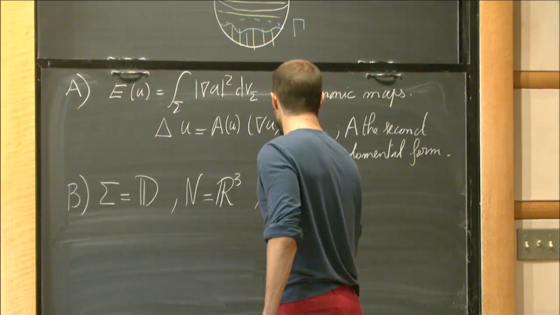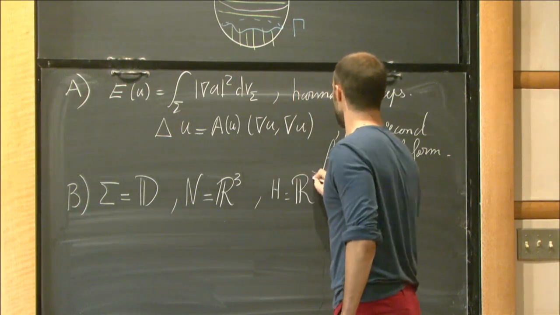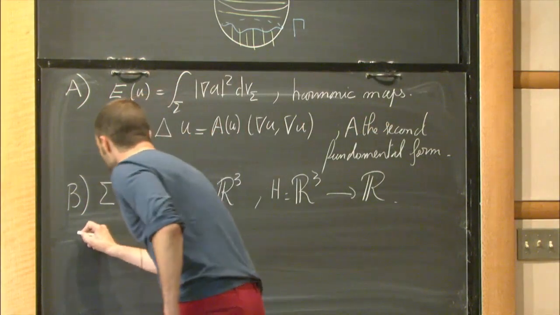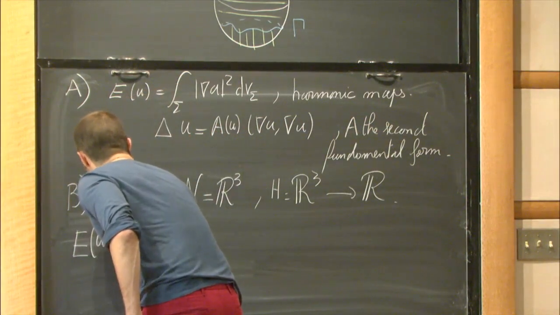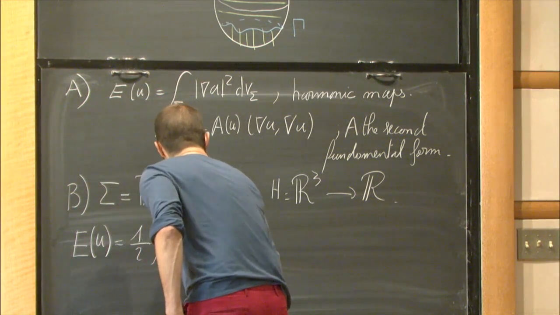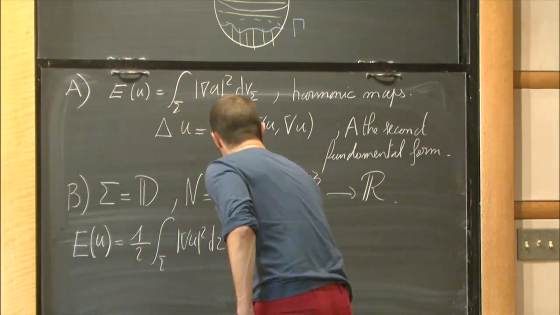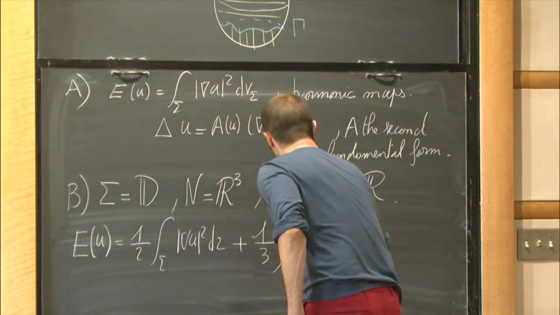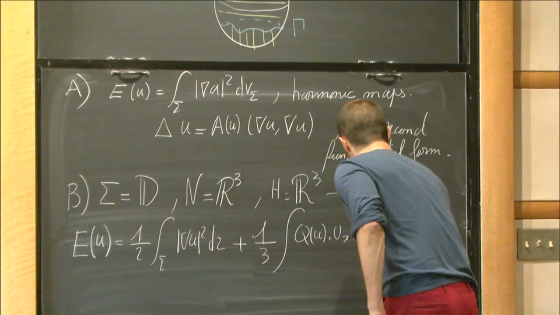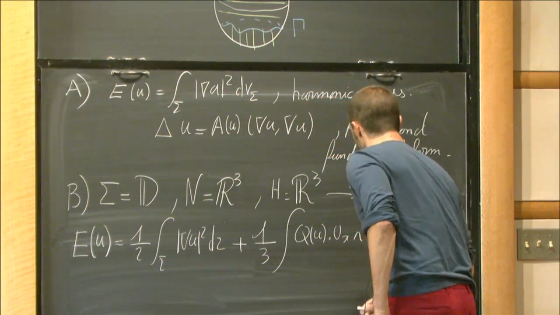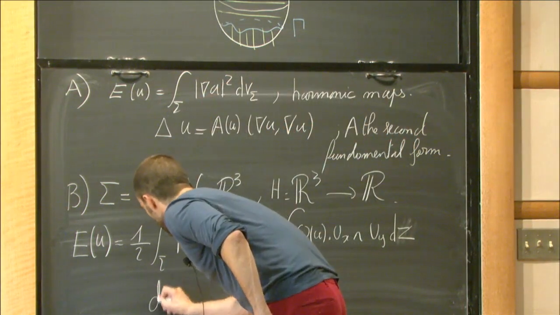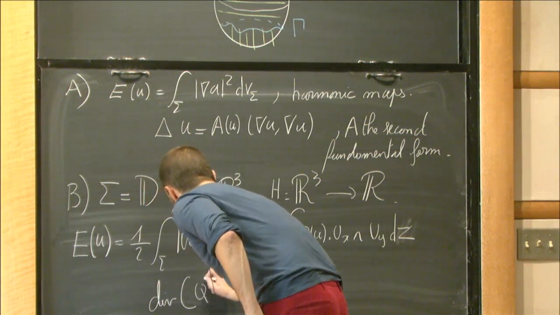So you pick a function H from R3 to R, and you look at the following functional: E(u) equals 1/2 of the integral of nabla u squared dV plus 1/3 of Q(u) u_x wedge u_y, where Q is a function such that the divergence of Q equals H.